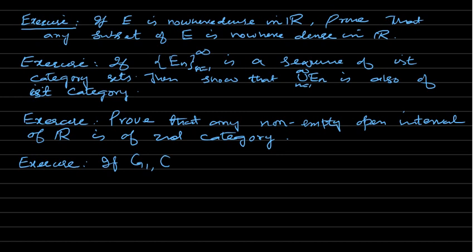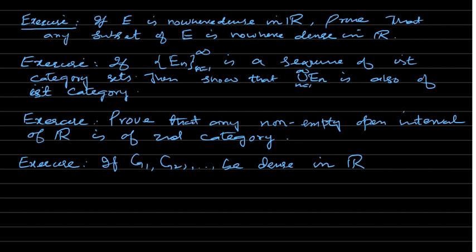Let G1, G2, and so on be dense, they're all dense in R. Dense in R means that their closure is equal to R. You prove that the intersection is also dense.